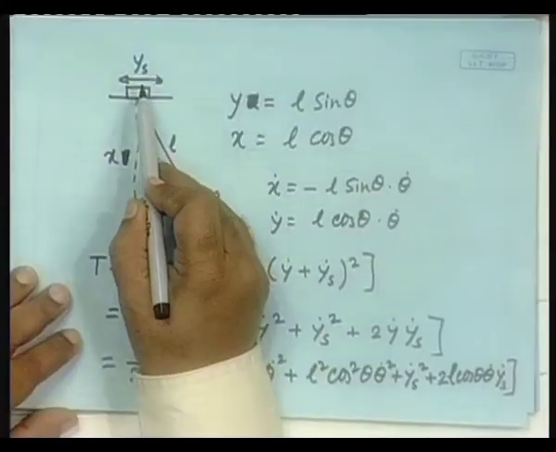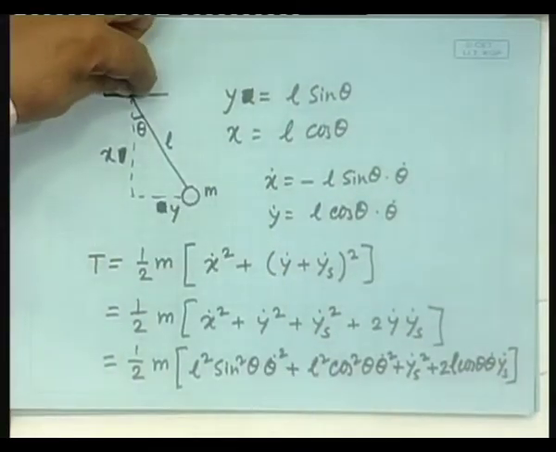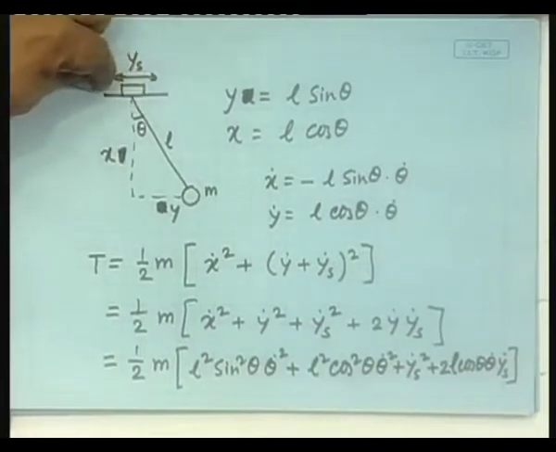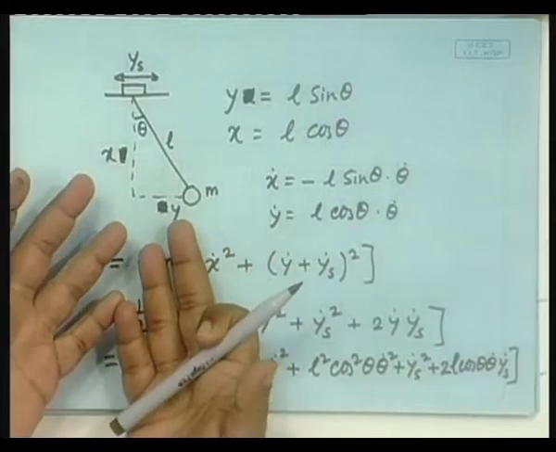Her question is that won't this become another coordinate? No, it is not necessary, because it has no internal degree of freedom. It is moved by somebody. Ys is being imposed by somebody. So the system has no freedom in choosing that.